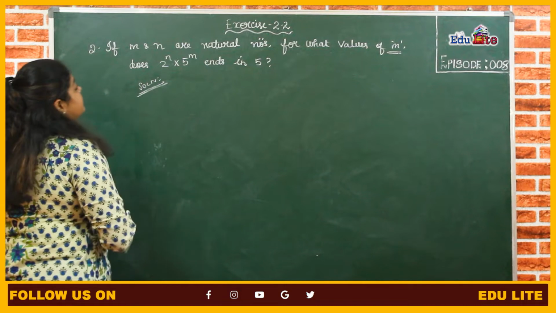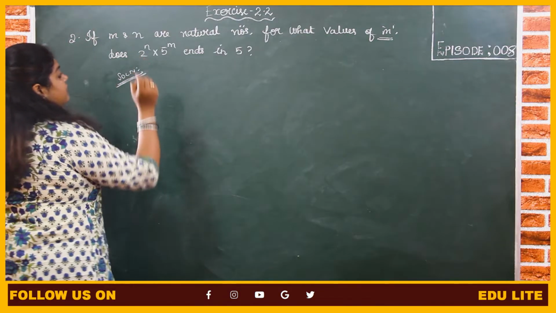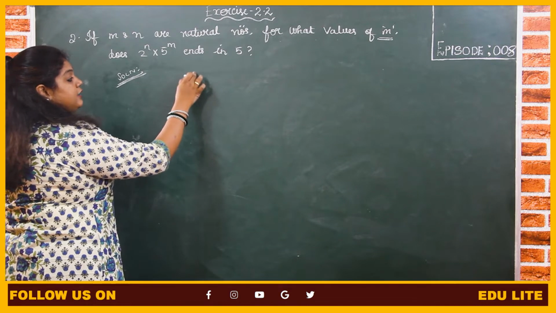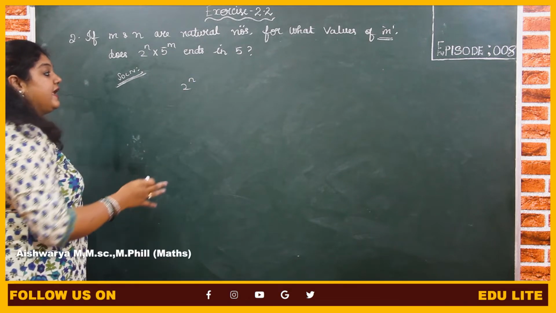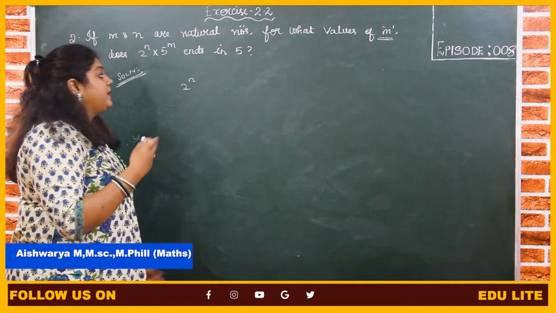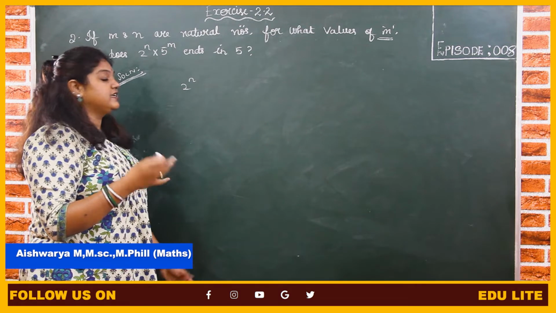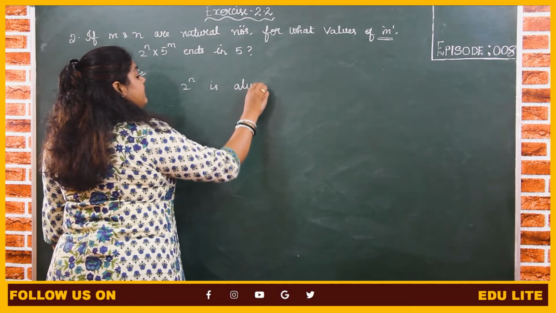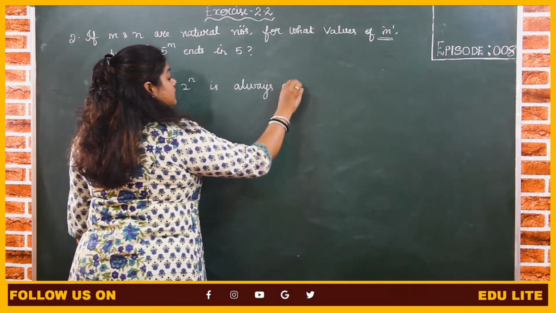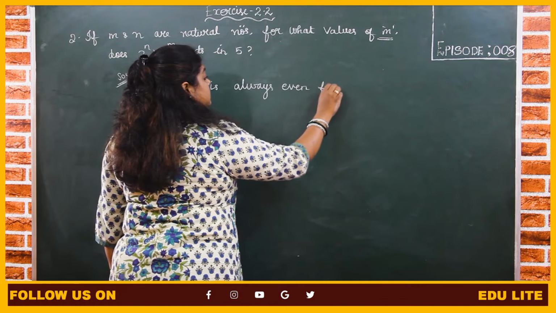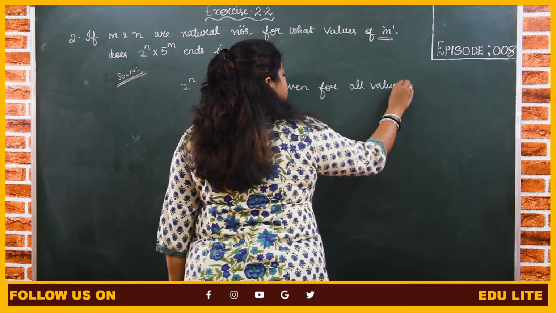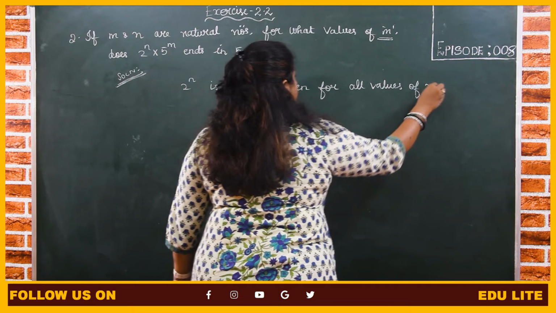So solution, first we will take the factor 2 power n. For any value of n, 2 power n is an even number, because 2 power 1 is 2, 2 square is 4, 2 cube is 8, and it goes on. So 2 power n is always even for all values of n.